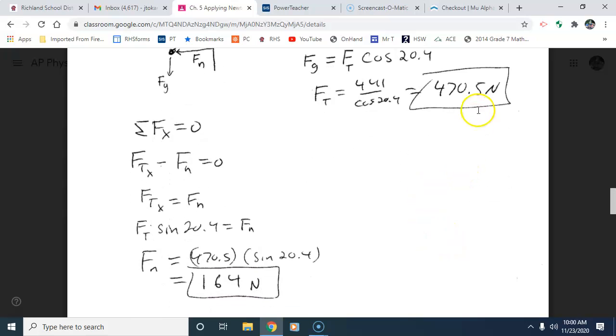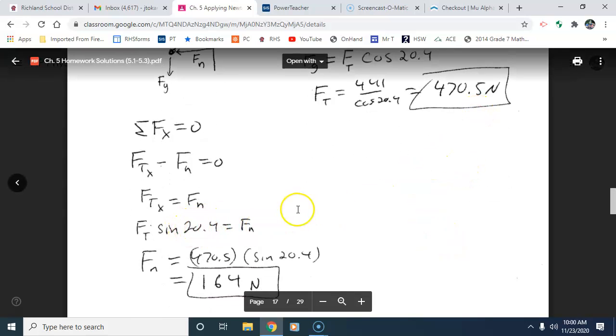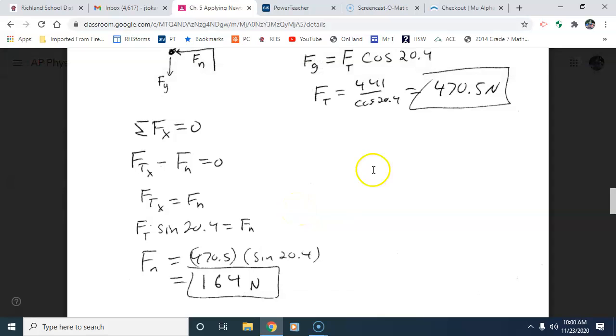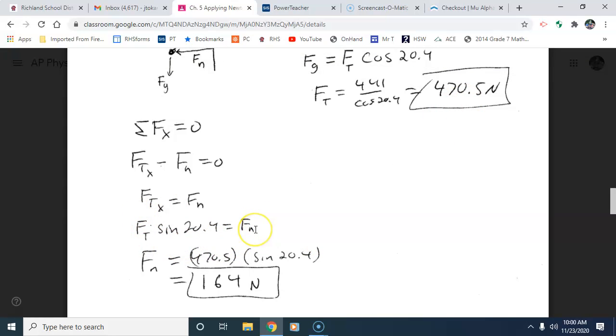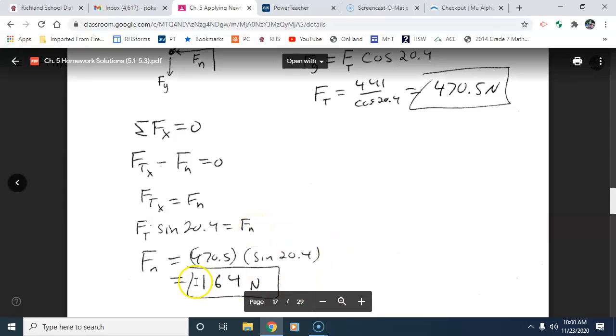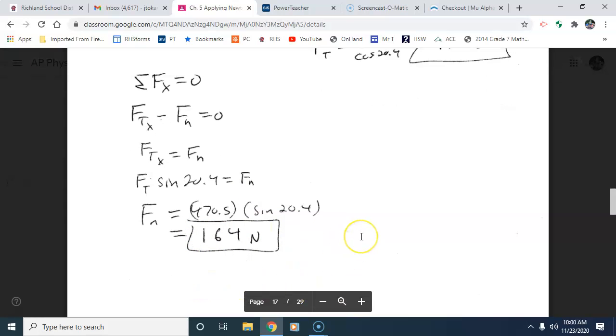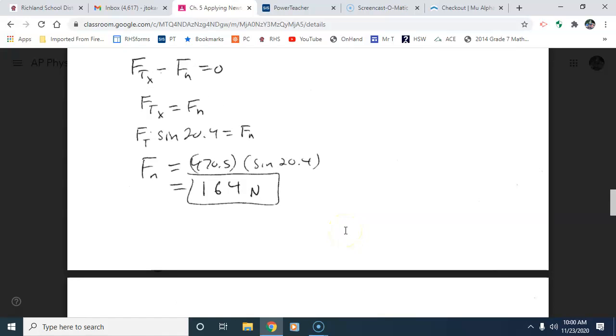Now at this point, we could go back over here and pop it in for tension right here, leaving normal force the only unknown. Plug that in, run the numbers, and we get a normal force of the wall pushing back on the ball of 164 newtons. You okay with that one?